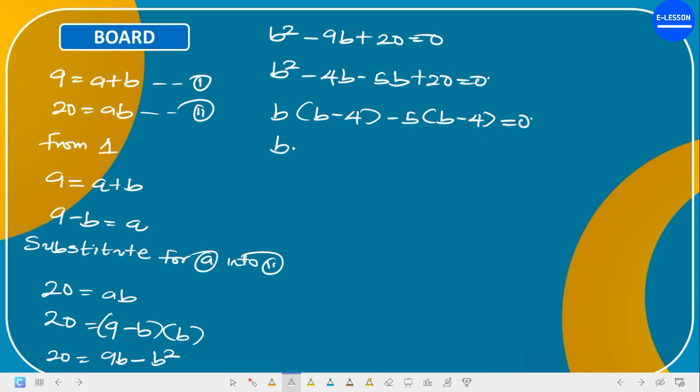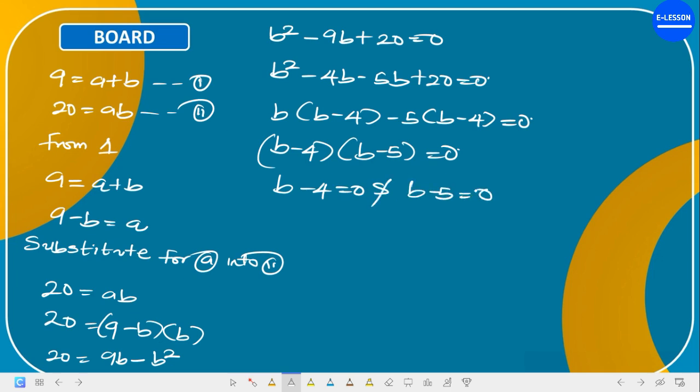Now according to quadratic equation, you collect one inside the bracket, b minus 4, and one outside, b minus 5, everything equals to 0. So b minus 4 is equal to 0, or b minus 5 is equal to 0. So finally b is equals to 4, or b is equals to 5.